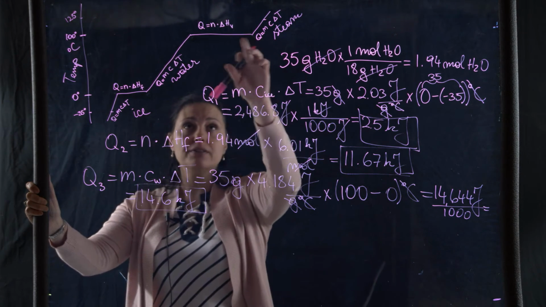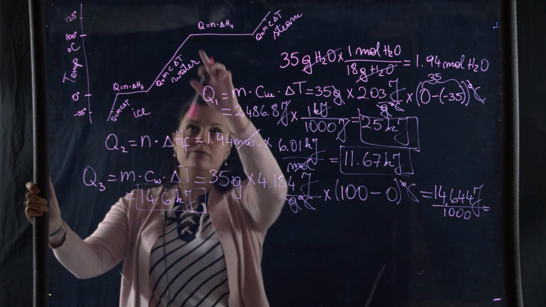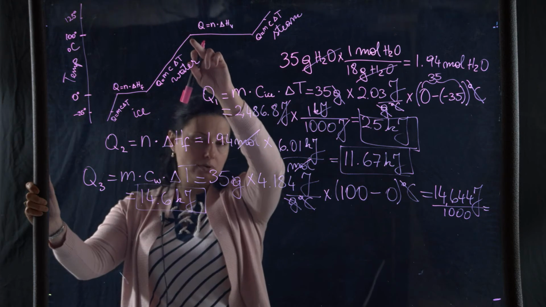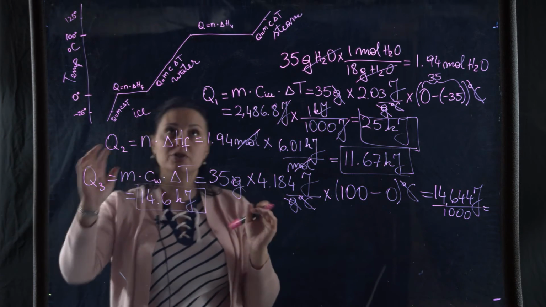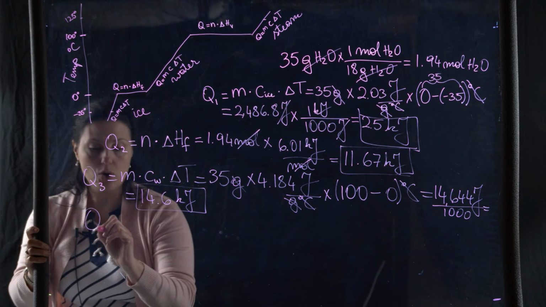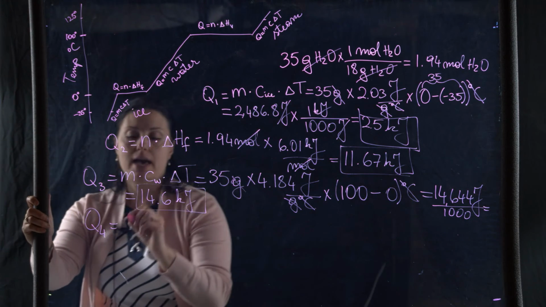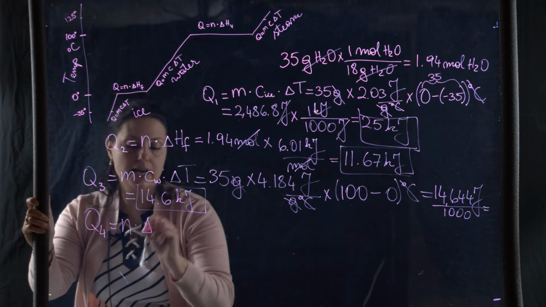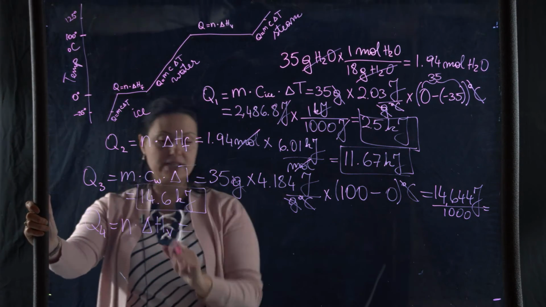But let's calculate the amount of energy that is needed to evaporate all that liquid water and take it from water at 100 degrees to steam at 100 degrees. My temperature doesn't change, so I have to use this formula. Q4 is equal to n times delta H_v for vaporization.